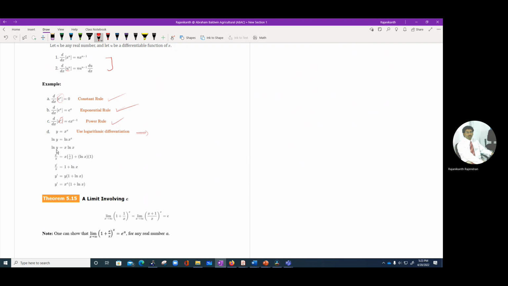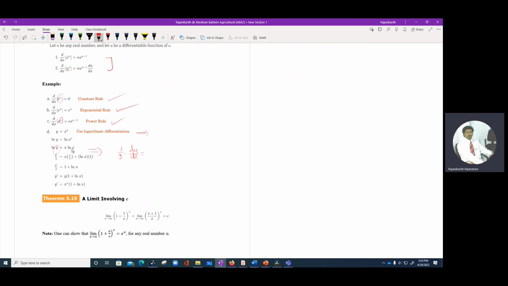So take the derivative with respect to x on both sides. You see some other variable, so you have to use the chain rule. The derivative of ln y with respect to y is 1 over y. So the derivative of ln y with respect to x means 1 over y times dy over dx, using the chain rule.